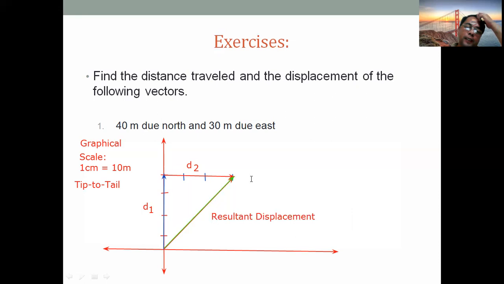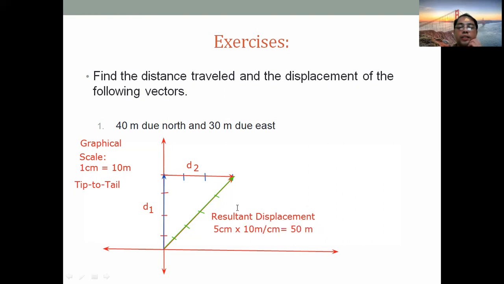Again, that resultant displacement by graphing, we will end up with 5 segments. And therefore we get a value of 5 centimeters times 10 meters per centimeter. So you'll have a total of 50 meters displacement.